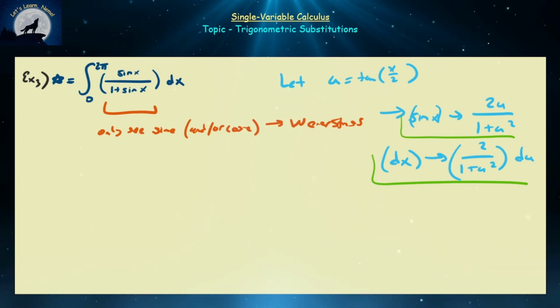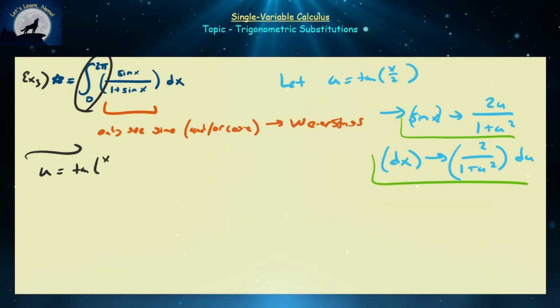Right? So now what I want to do is I want to look at my bounds and transform them as well. But keep in mind, u is equal to the tangent of x divided by 2, and tangent does have some vertical asymptotes. In particular, pi over 2, 3 pi over 2, negative pi over 2, negative 3 pi over 2, and so on.